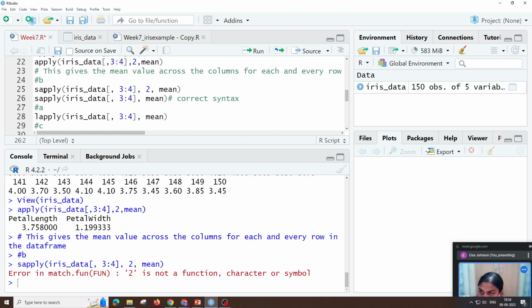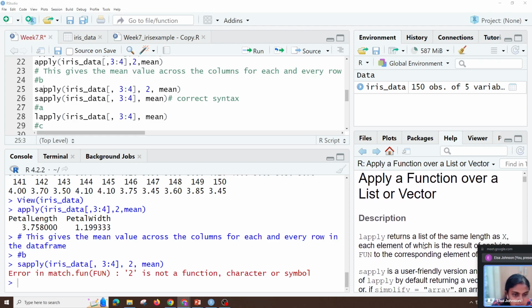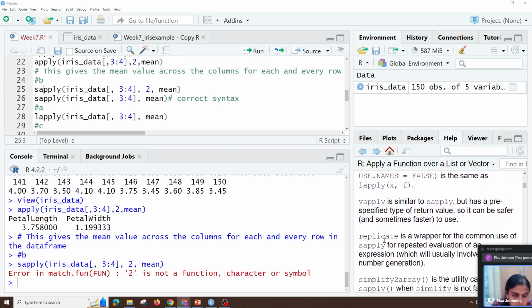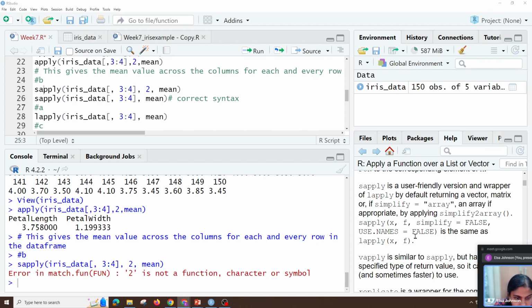If you want to see it clearly, you can go for F1, where all the functions are given. In sapply you are given x, f, then simplify and USE.NAMES equal to FALSE. There is nowhere mentioned that you can give the row or column wise thing, that's why an error is coming.